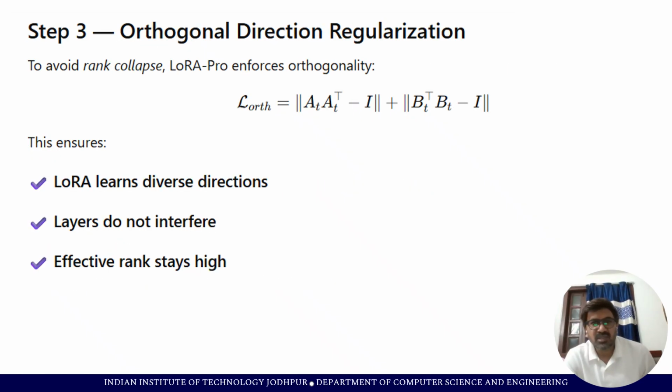Next, step three addresses the rank collapse problem. LoRA-Pro introduces a new loss term called orthogonal direction regularization, or lambda orthogonal. This formula adds a penalty if the rows of the matrix A or columns of the matrix B are not orthogonal to each other, by pushing A times A transpose, and B transpose times B, to be close to the identity matrix.